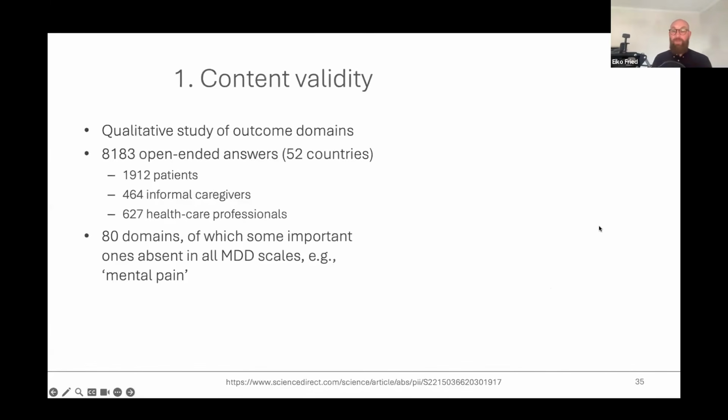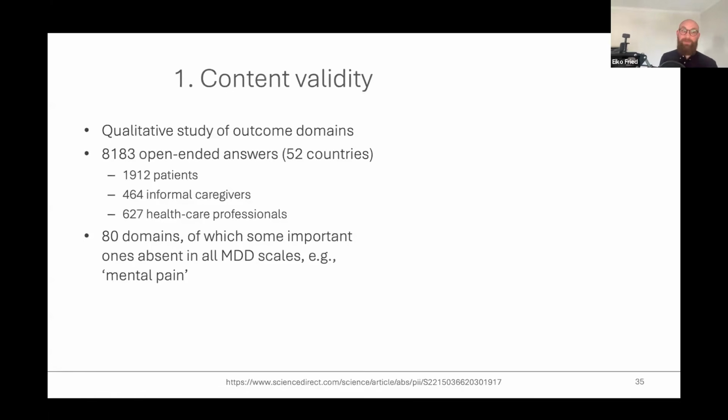So one really interesting study by Astrid Chevance in Paris, 2021, I think, published in Lancet Psychiatry, asked around 3,000 patients, informal caregivers, and healthcare professionals, and not just psychiatrists, but also nurses and so on, what they think should be measured as core outcome domains for depression.